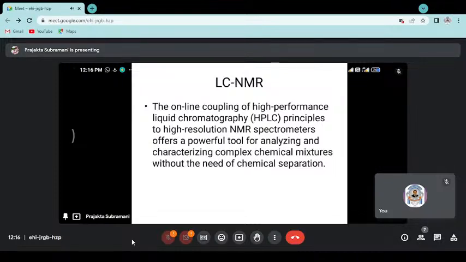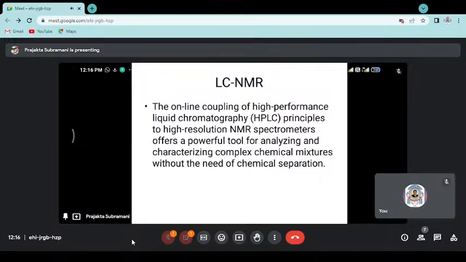LCNMR promises to be of great value in the analysis of complex mixtures of all types of substances, as well as in the analysis of natural products and drug metabolites. These are the applications of LCNMR or HPLC NMR techniques.